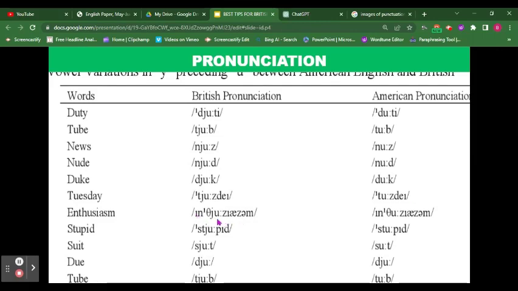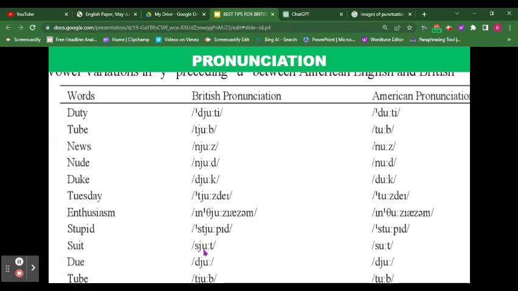Enthusiasm, British. Enthusiasm, American. Take note of the slight difference. Into, British. Into, American. All right. Then stupid in British English, stupid in American English.